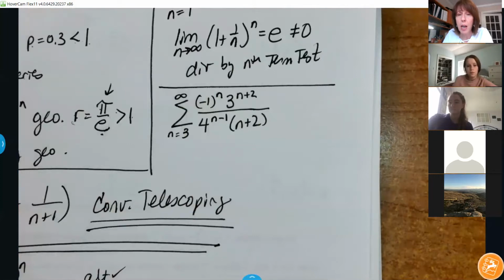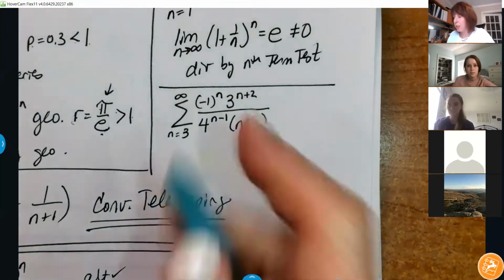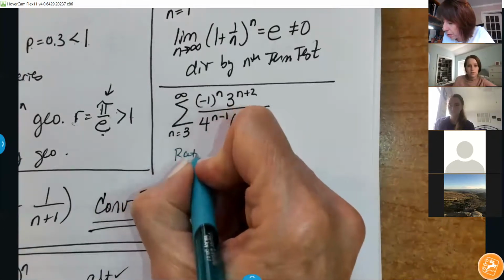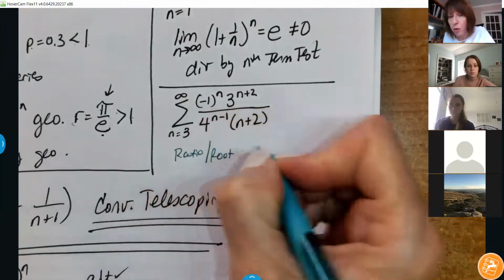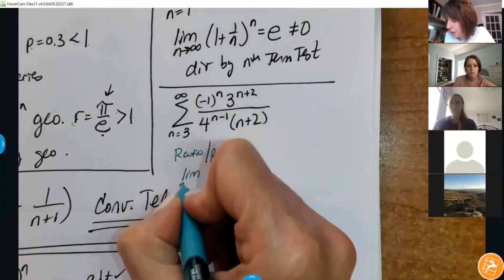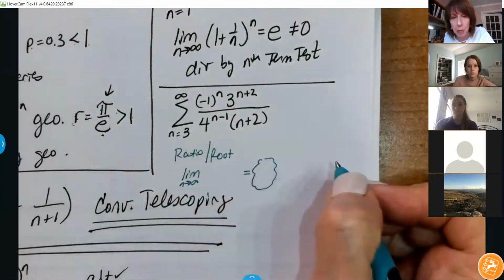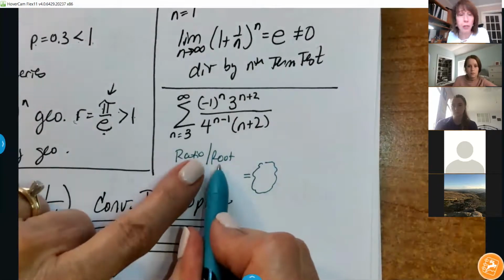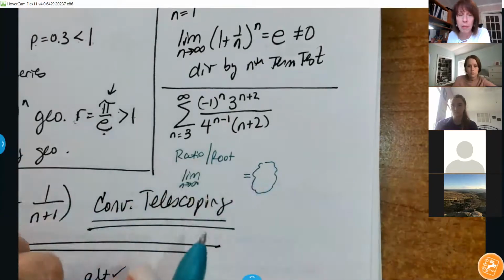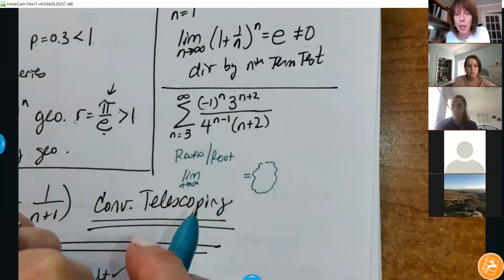Okay. Now that you've practiced a little bit, I'm hoping, I will tell you, when you're doing the ratio or root, and both of those have that limit, what you get for your limit is the same whether you use the ratio or the root test. You always get the same number or fraction or answer there for your limit, okay?